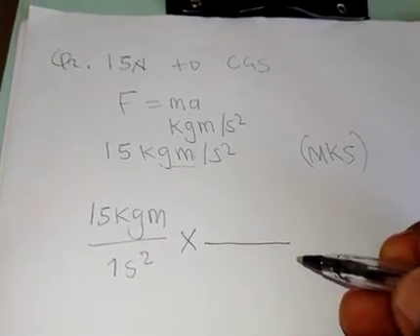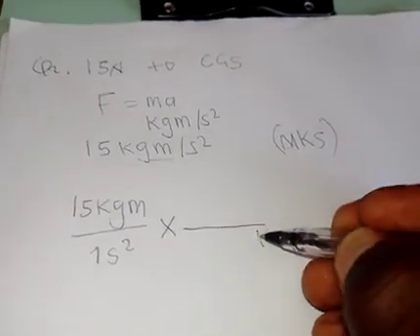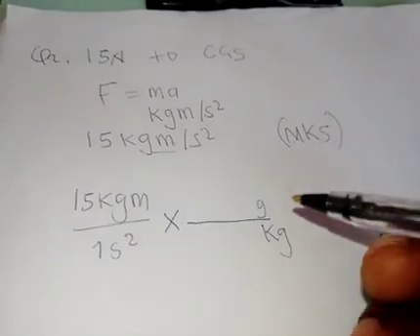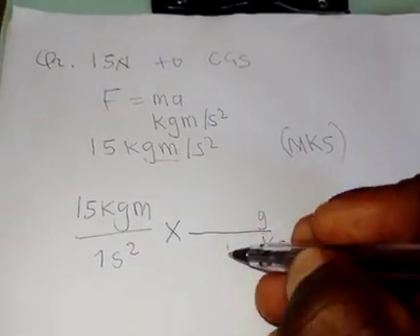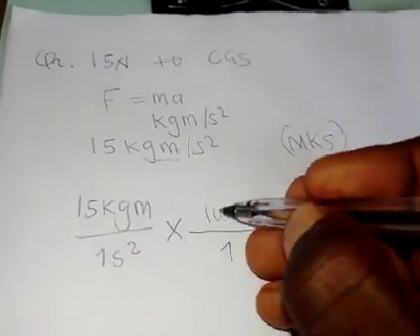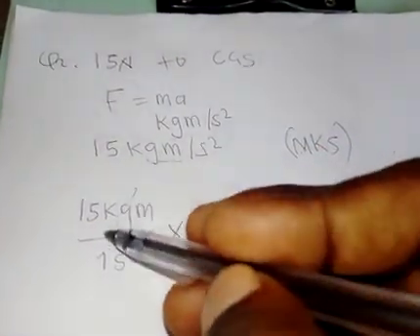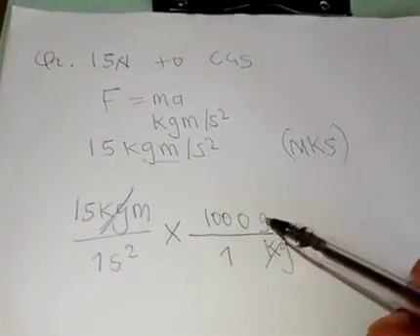We have to get rid of the kg, so we put kg below and grams on top, so that kg cancels. You know that 1 kg gives us 1000 grams. By doing that, kg and kg cancel, and we remain with grams.